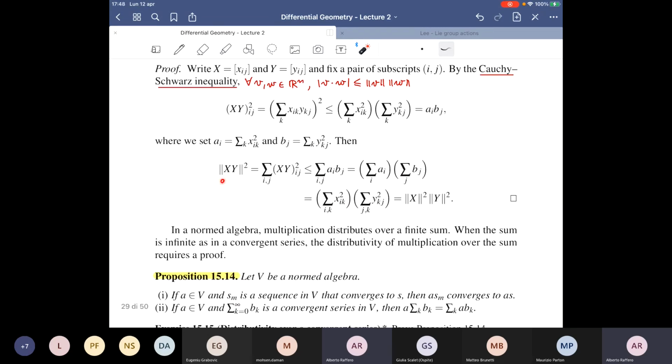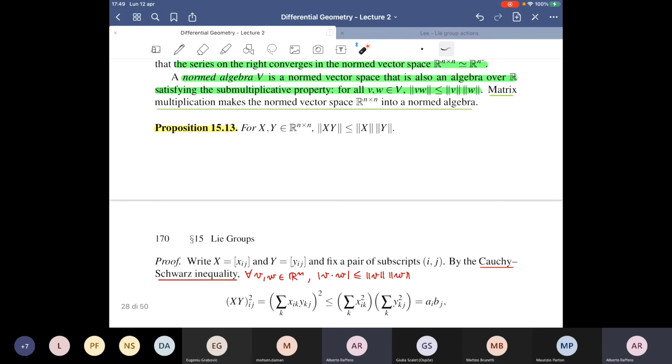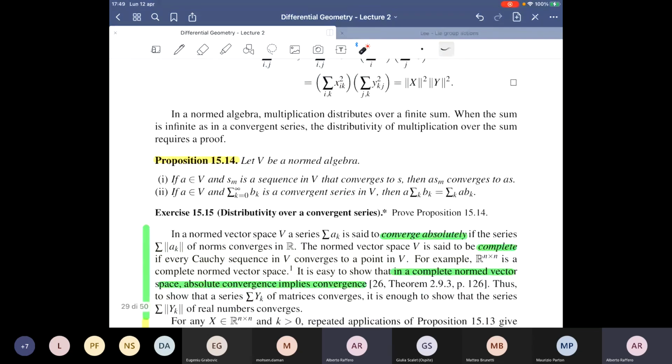Then, starting from the definition of the squared norm of the product, which is the sum of all of these objects, you get this inequality here, and by manipulating the sums you end up with the product of the squared norms. In this way, you show that the space of square matrices with the norm defined before is a normed algebra according to this definition.